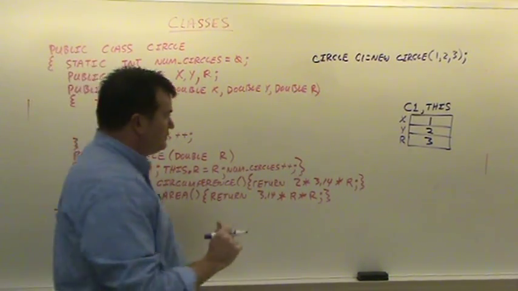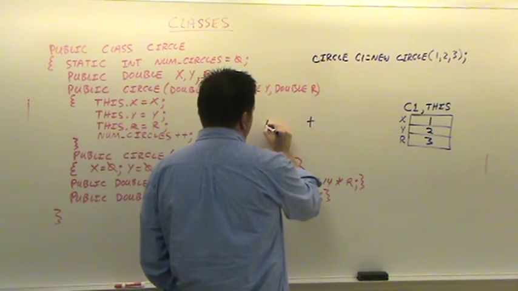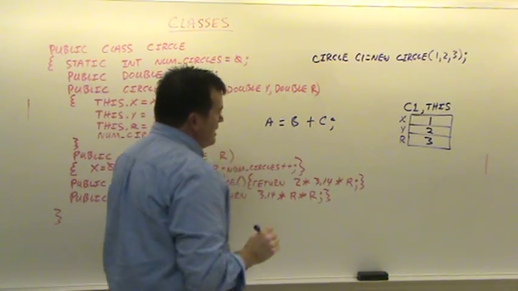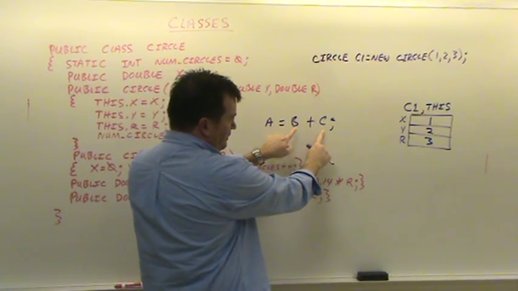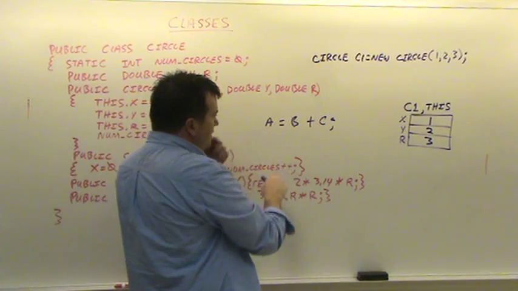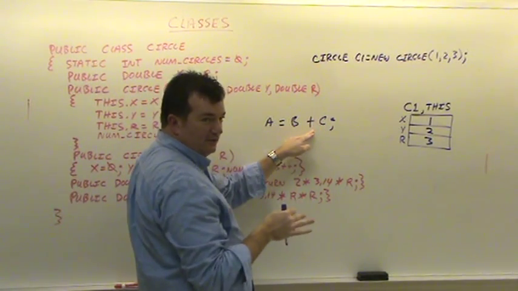Now, if you think about it, that's always been the case. For example, the plus, right? A equals B plus C. The plus is a function. It takes in two parameters, B and C, adds them, and stores the result in A. If these were both integers, you can add two integers together.